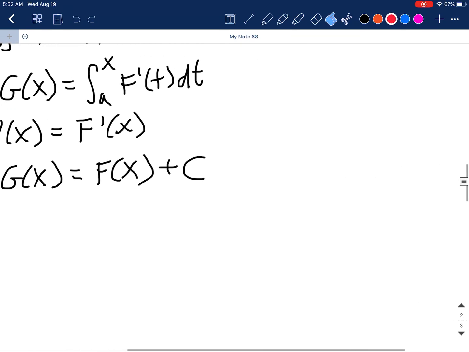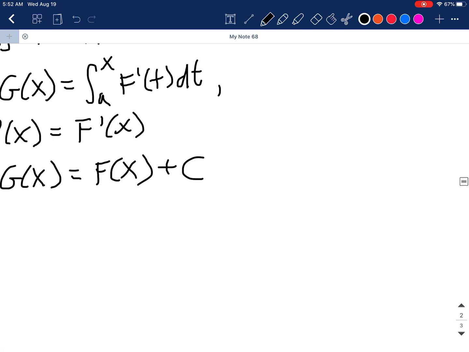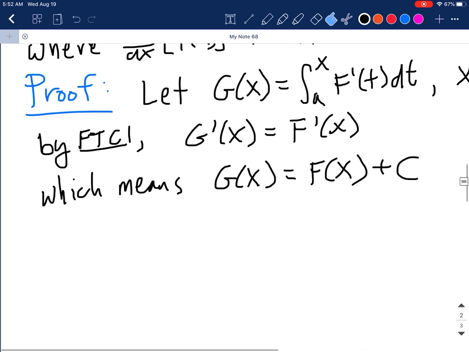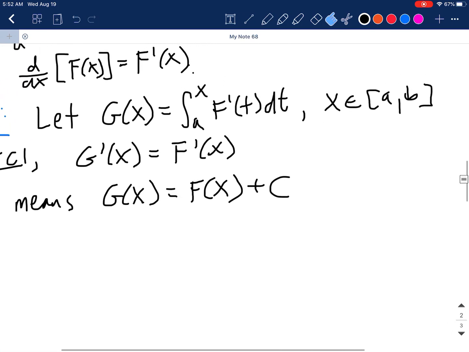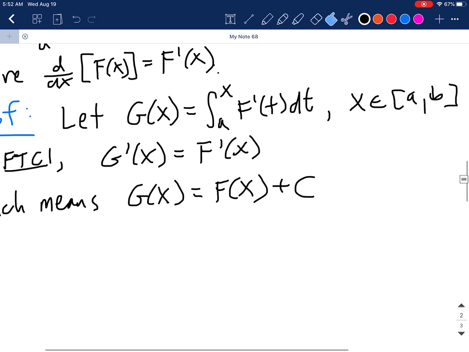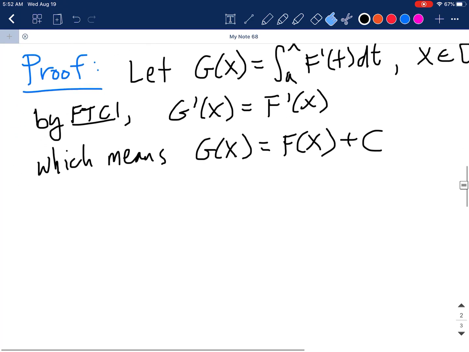Should be a little bit more formal here, where x is an element of [a, b]. So x is going to be within our continuous interval, obviously. All right, so this is good. And note this is going to be true for all x in our interval.